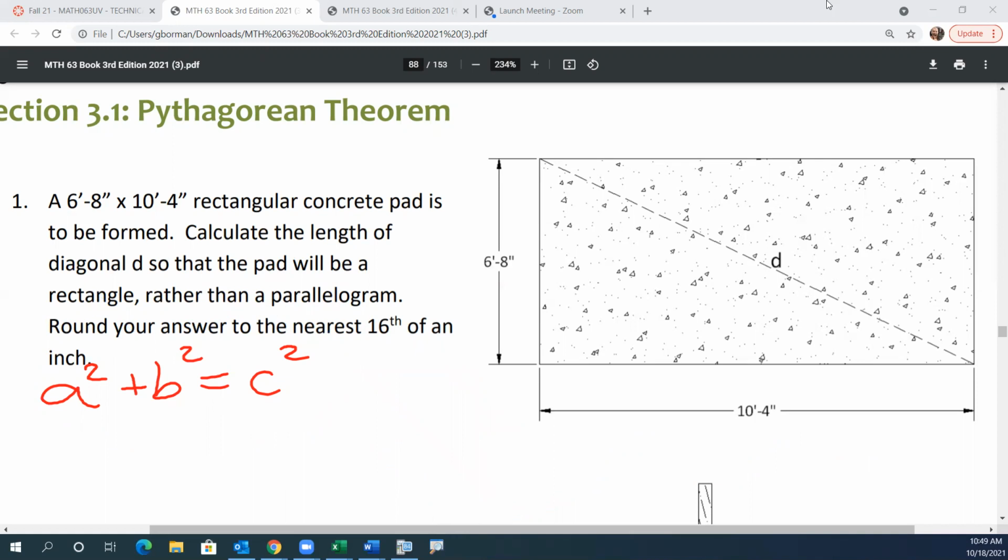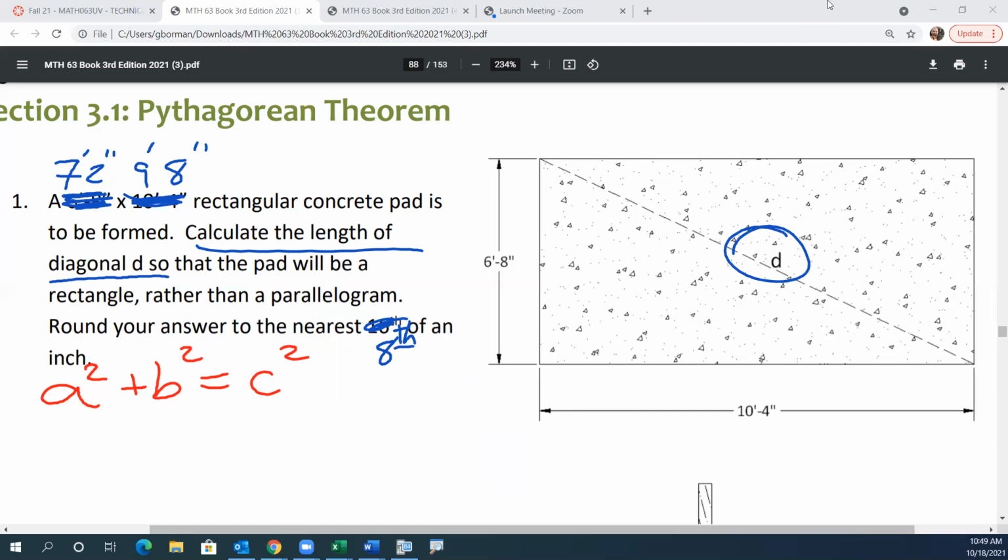So on this one, we've got a 7 foot 2 inch by 9 foot 8 inch rectangular concrete pad to be formed, and we want to go to the nearest 1/8 of an inch. Calculate the length of diagonal D right there.